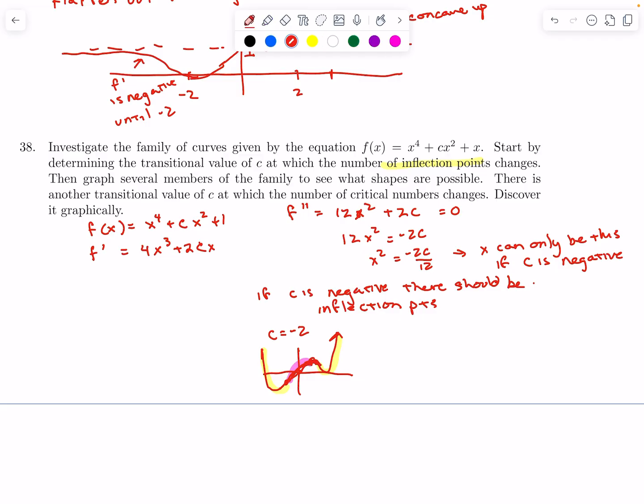All right, c equals negative 1.6. It doesn't actually have a min, it just flattens out, but it does have the nice changing concavity.